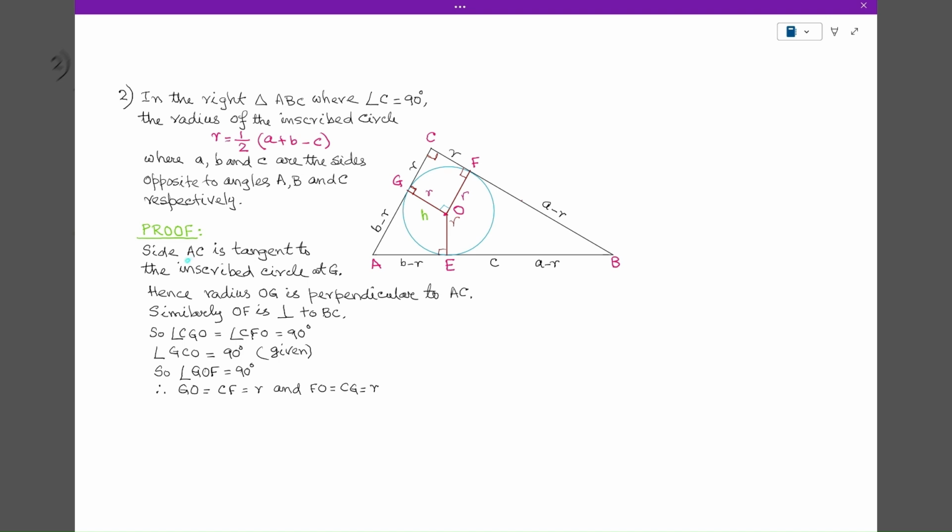Side AC is tangent to the inscribed circle at G. This is tangent to the inscribed circle at point G. Hence, radius OG is perpendicular to the side AC. Similarly, this OF is also perpendicular to the side BC.